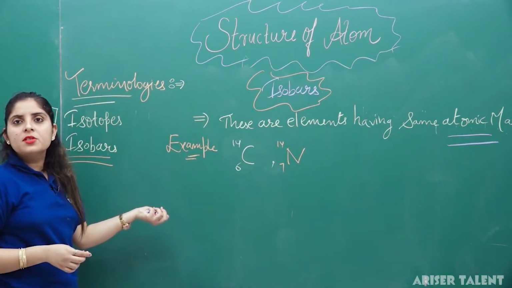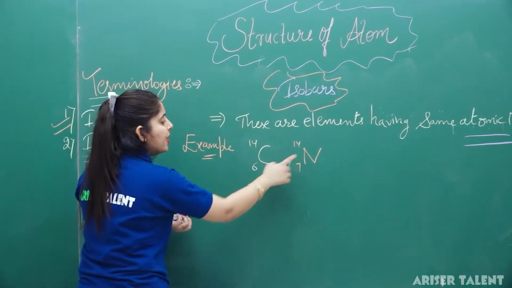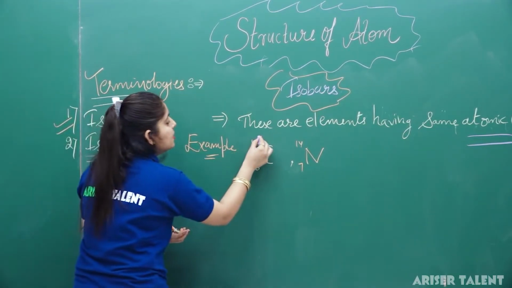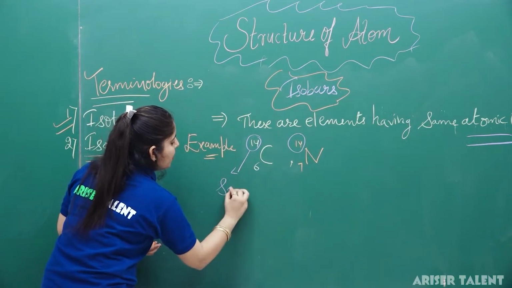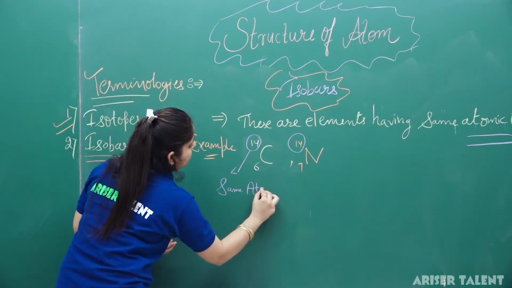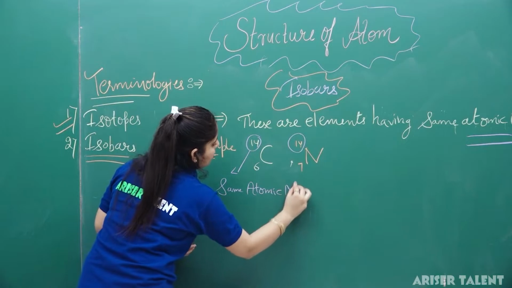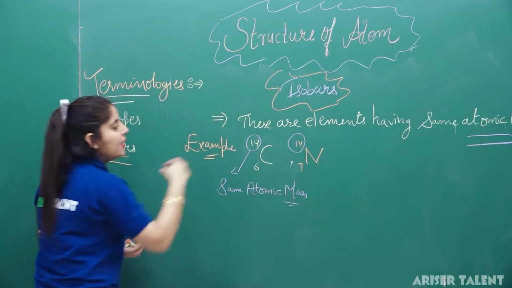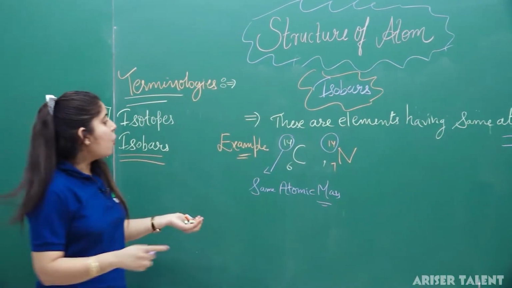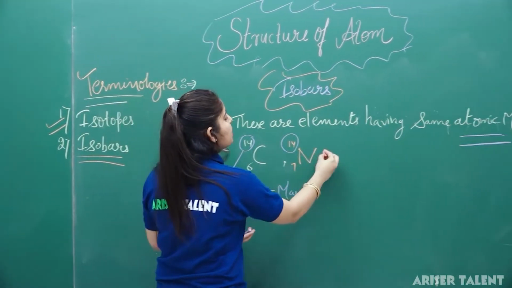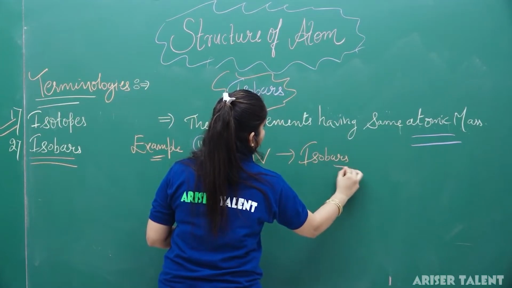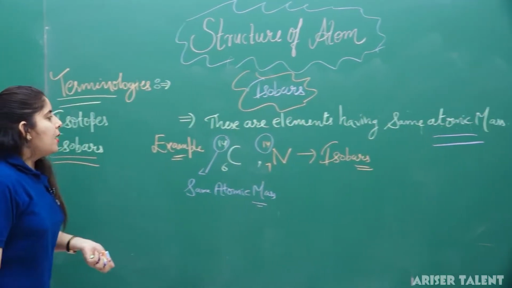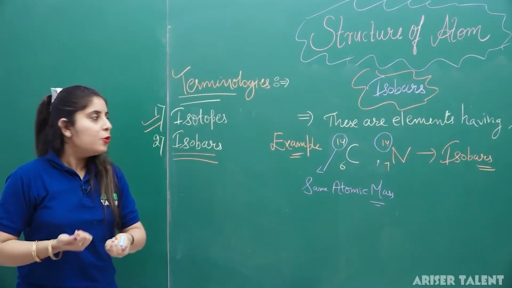So what we have observed from this is that carbon 14 and nitrogen 14 have the same atomic mass. So these are considered in the category of isobars. These are both isobars of the element. So isobars have been cleared to you.